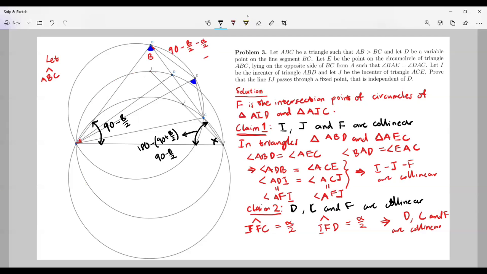So in fact, triangle ABF is isosceles. So as point D moves, BA is always equal to BF. So it means that F is the constant point that IJ passes through. So this solves the problem.